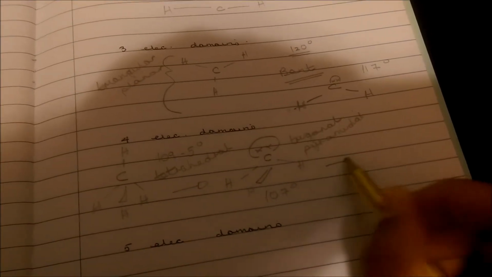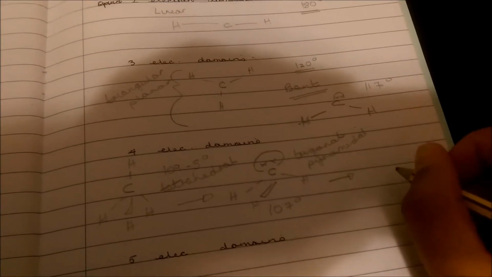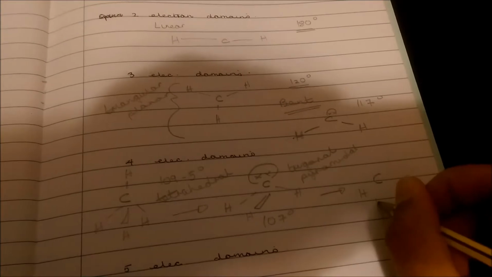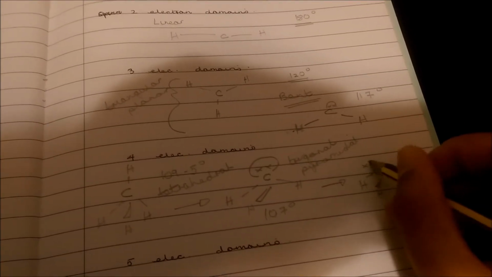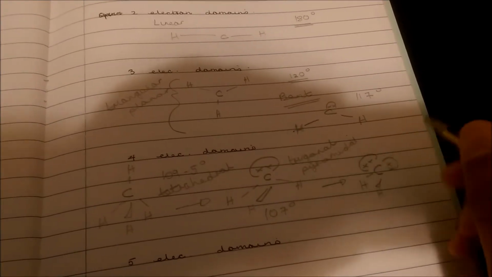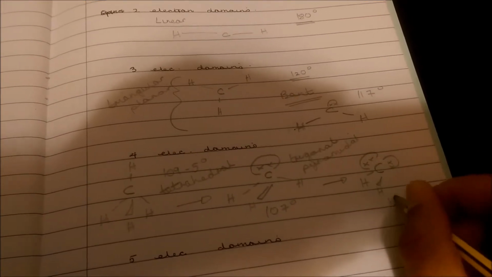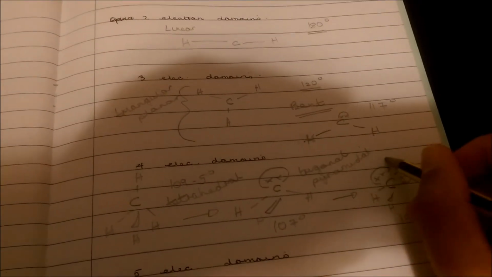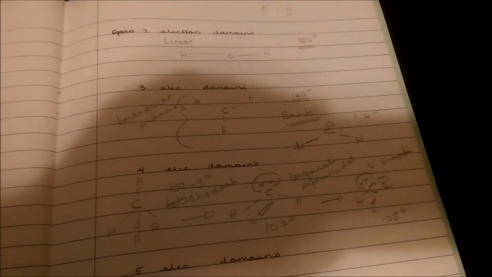And then finally, with two lone pairs present, you have the bent or V-shaped, and this has a bond angle of approximately 105 degrees, and yeah, bent or V-shaped in this example.